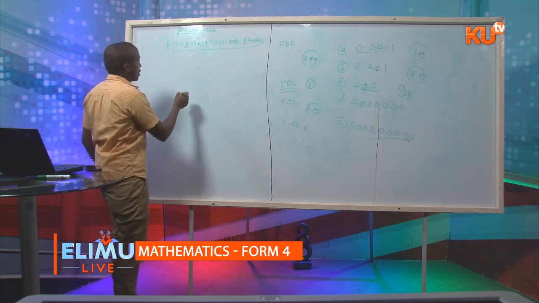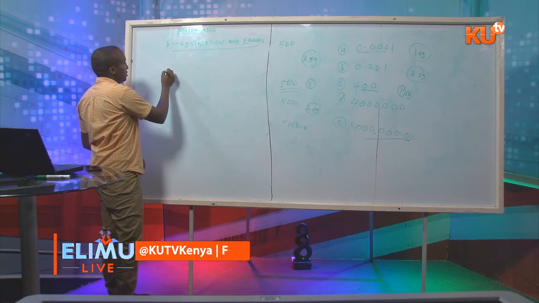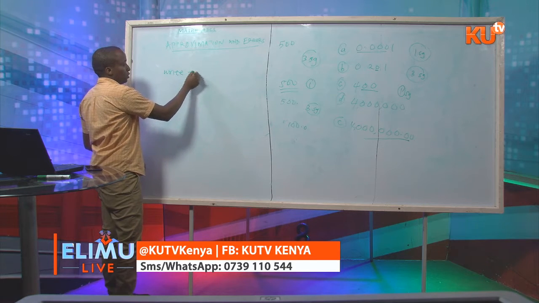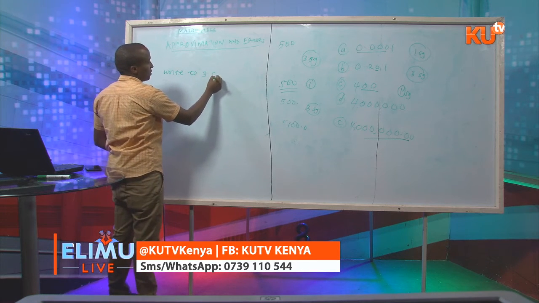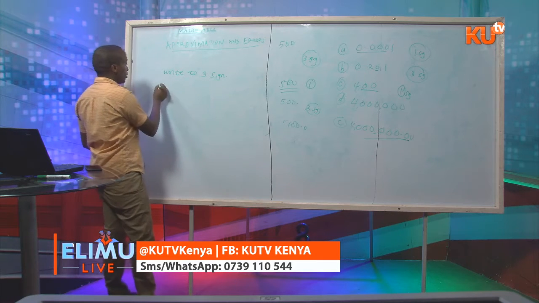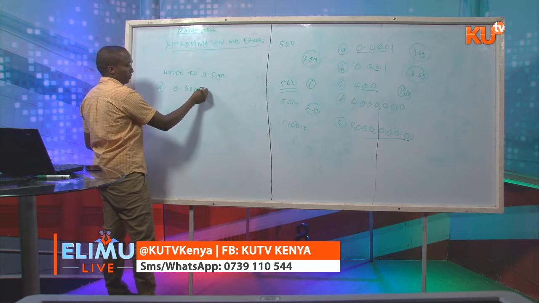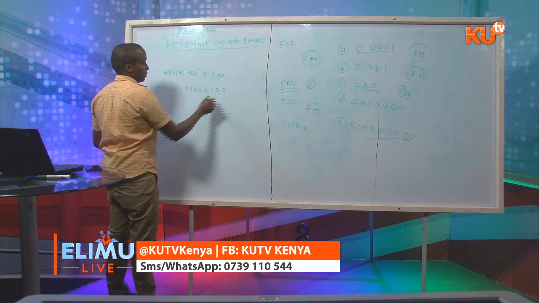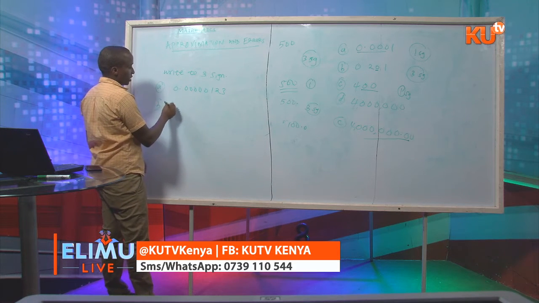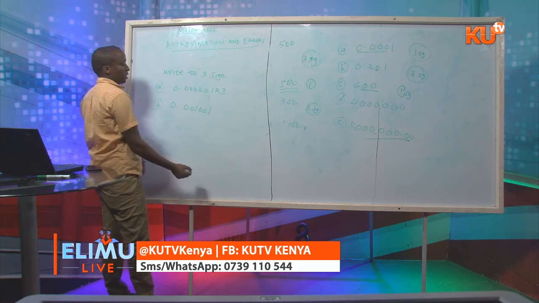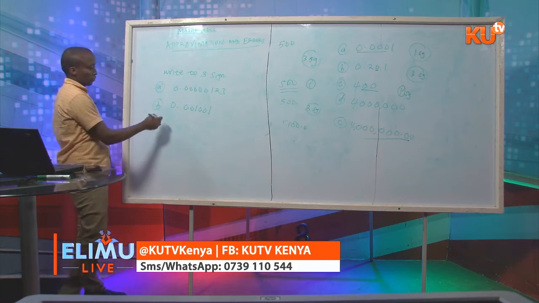So let us do the final concept here. Write in 3 significant figures. So maybe the first one is 0.201. This is the final example I want to do, because I want you to understand this concept very well.